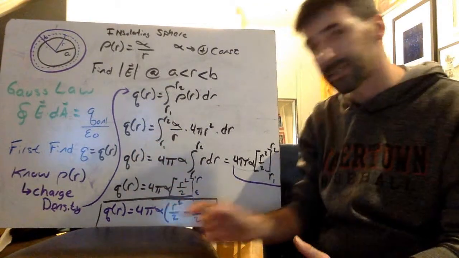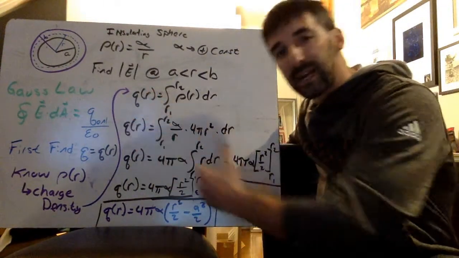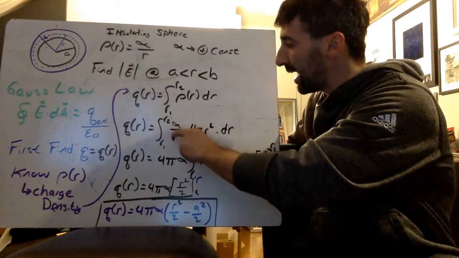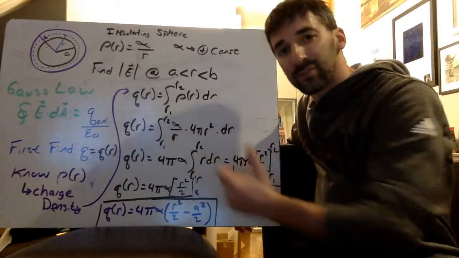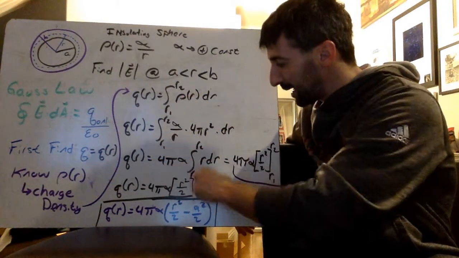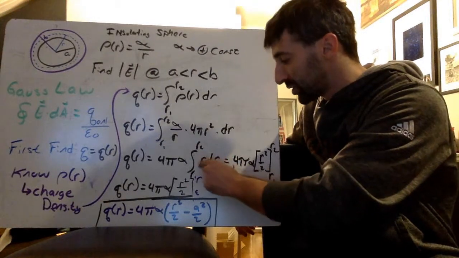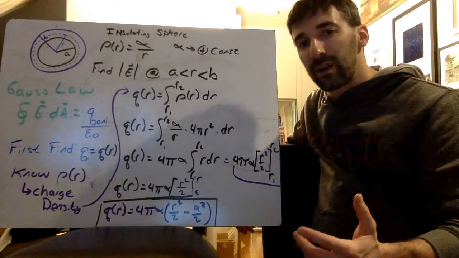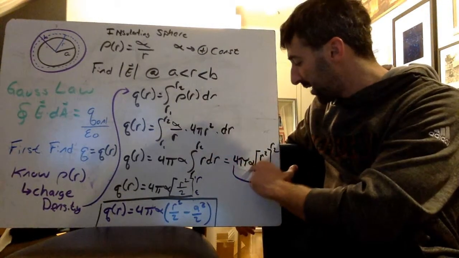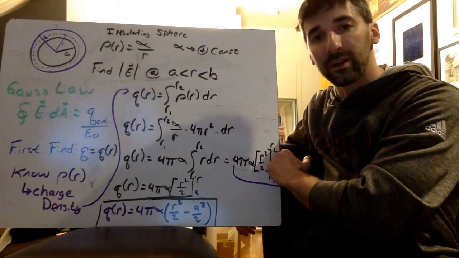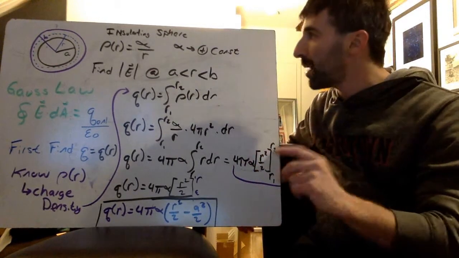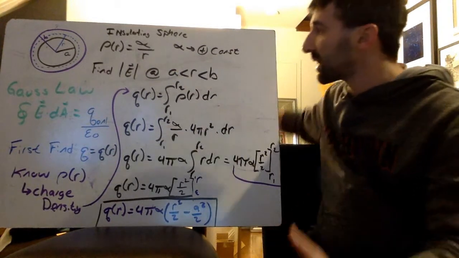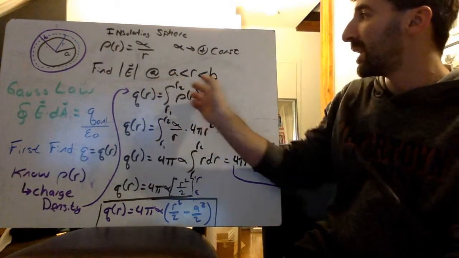I pull out my constants. As you can see, this is kind of self-explanatory. After this, the trick is really the physics. Now I'm just integrating from r1 to r2 of r dr, and I get a general solution of 4 pi alpha r squared over 2 from r1 to r2. But remember what I'm looking at. I'm specifically looking between a and b.